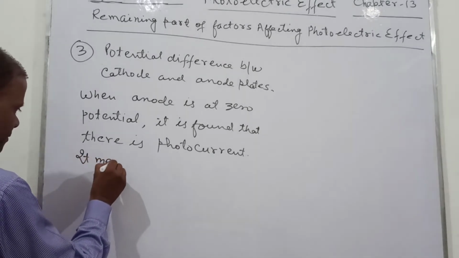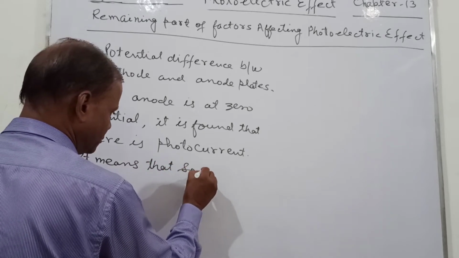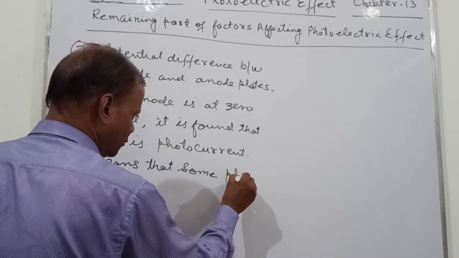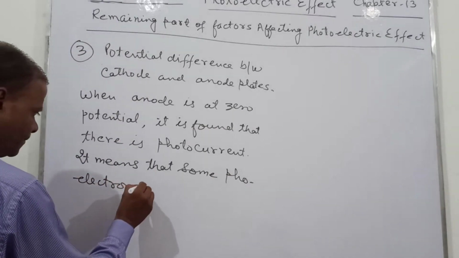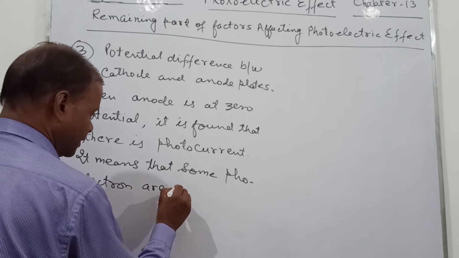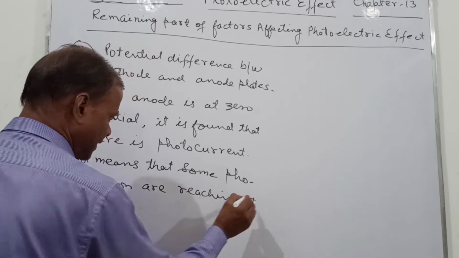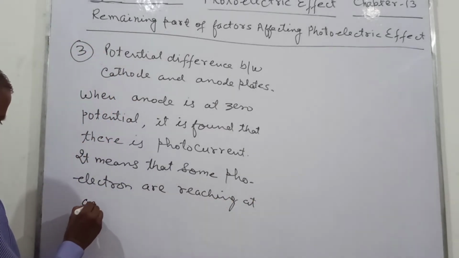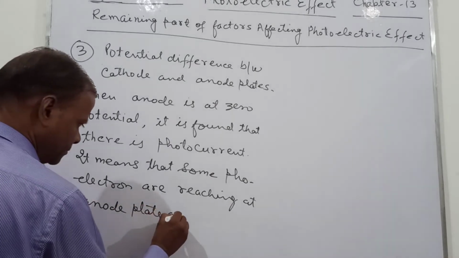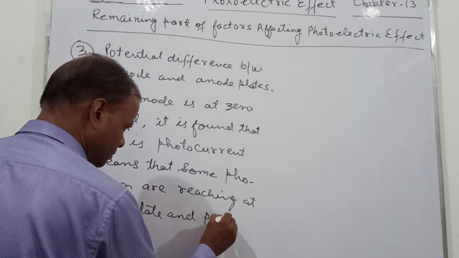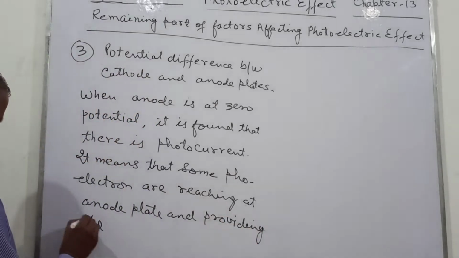It means that some photoelectrons are reaching the anode plate and providing the photocurrent.